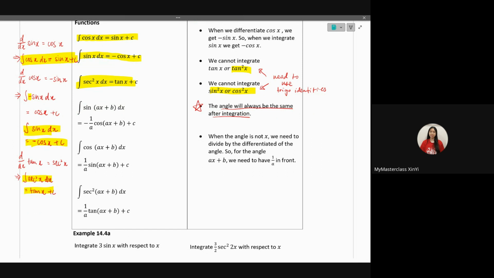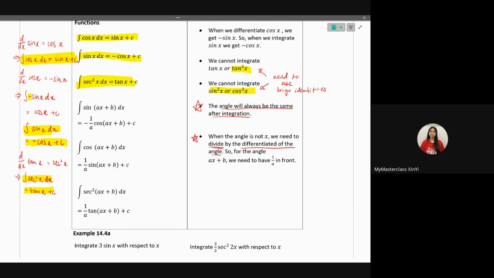So when I integrate sine ax plus b, I will get negative cosine ax plus b first, but I also need to divide by the derivative of the angle.